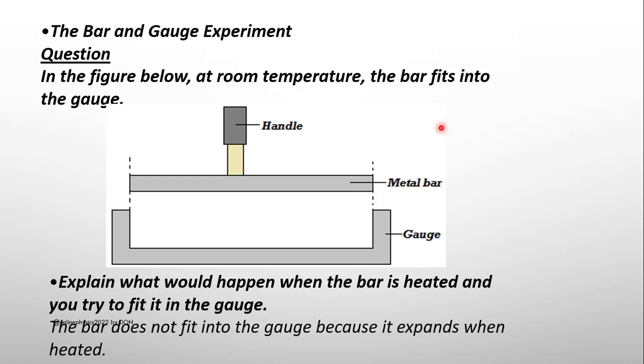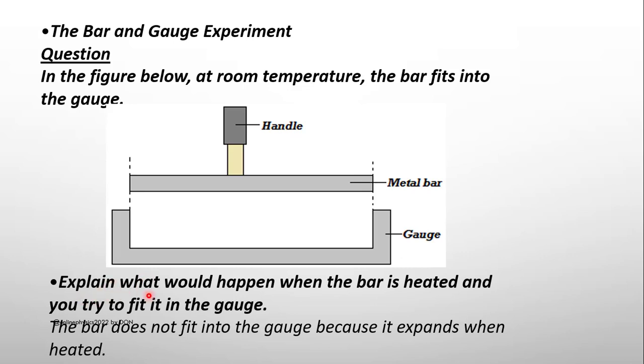Now, before heating, this metal bar would fit in this gauge perfectly. But after heating the metal bar, we expect the metal bar to expand. That is the increase in size. Therefore, it will not fit in this gauge. So that is the observation before and after heating.